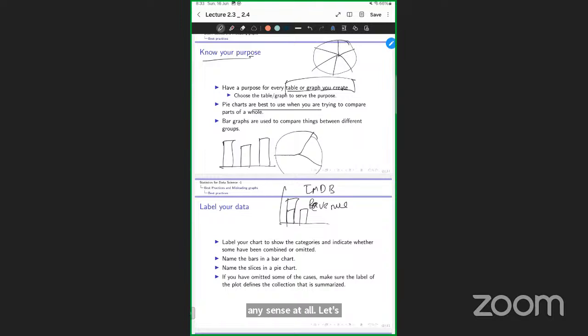Let's say the graph is, what could be that? Sir, I have one: a student getting A grades in sixth, seventh, and eighth standard.